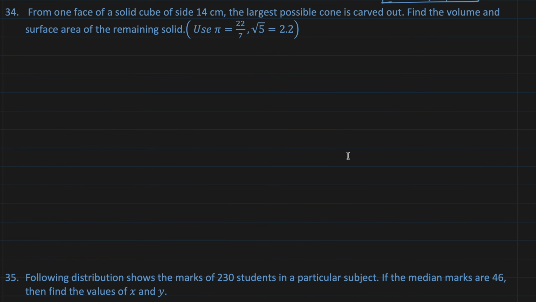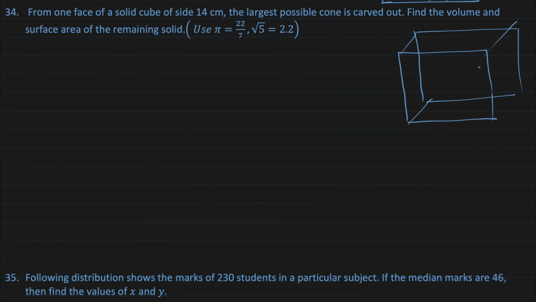From one face of a solid cube of side 14 centimeter, the largest possible cone is carved out. Find the volume and surface area of the remaining solid. Okay, so 2 easy parts here. Let's first draw a rough figure. You have a cube, not cube, it looks like a cuboid, please.